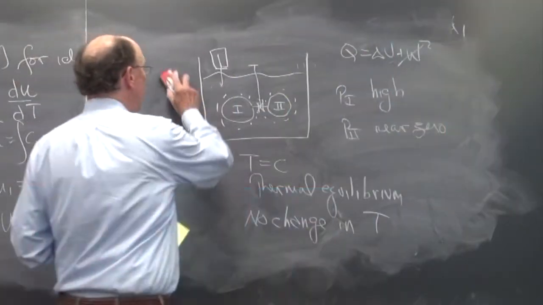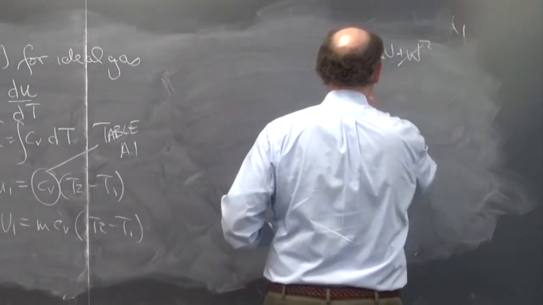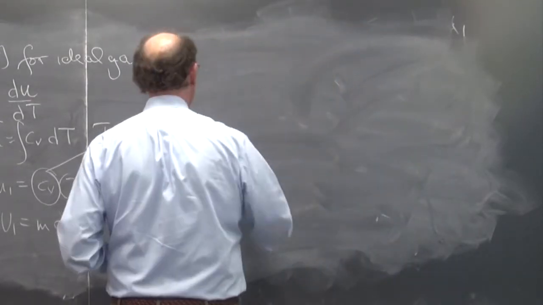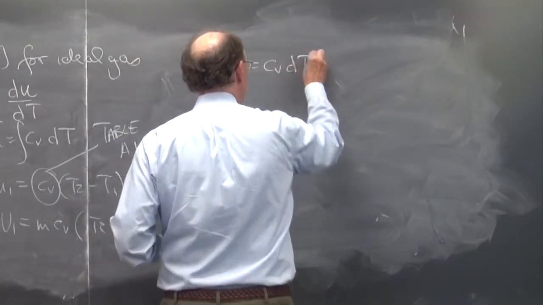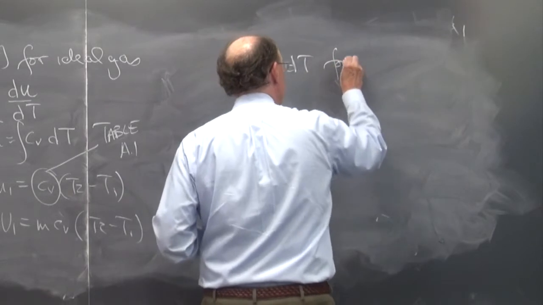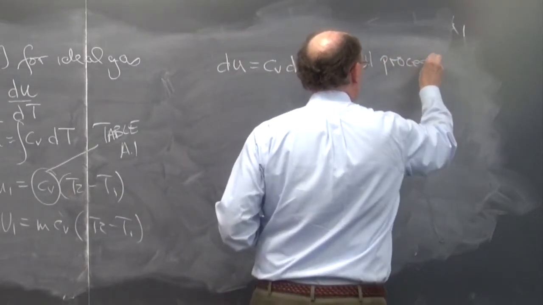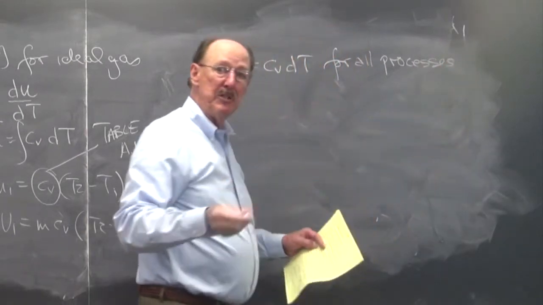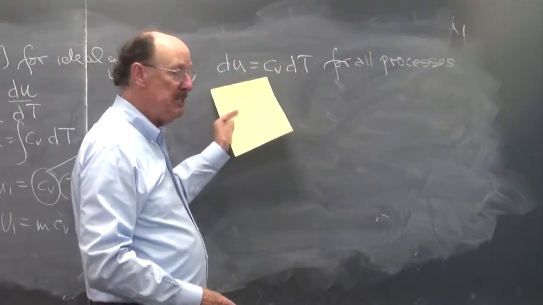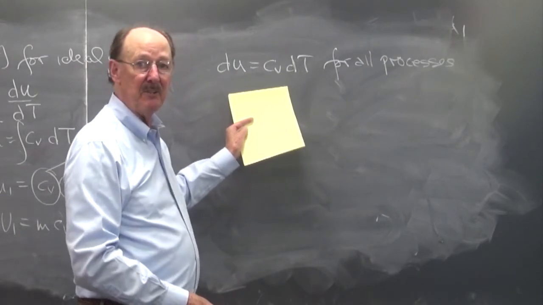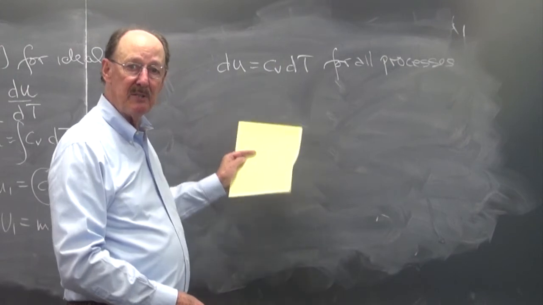Let me rewrite it. du is equal to C sub v dT for all processes. Reversible, irreversible, whatever. C sub v is determined experimentally under certain conditions, but once I have that value, I can use it all the time.